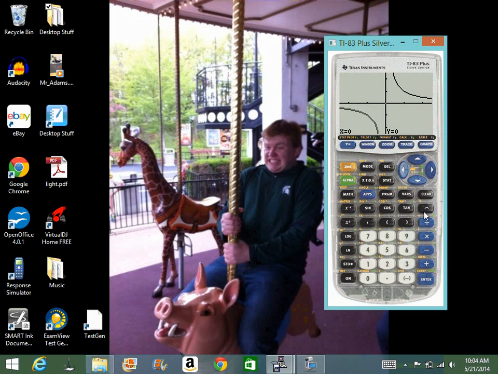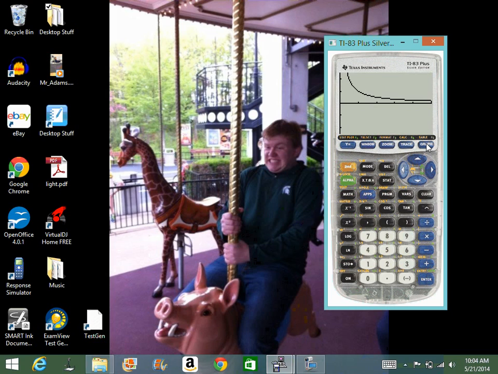Let me manually enter it in because I want to go from 1 to 4. So I'm going to say 0 to 5. And I think everything else is fine. Okay, so that's what I want to look at, and I want to find the area under the curve from 1 to 4.